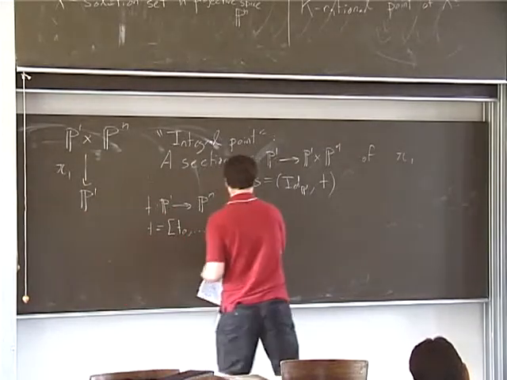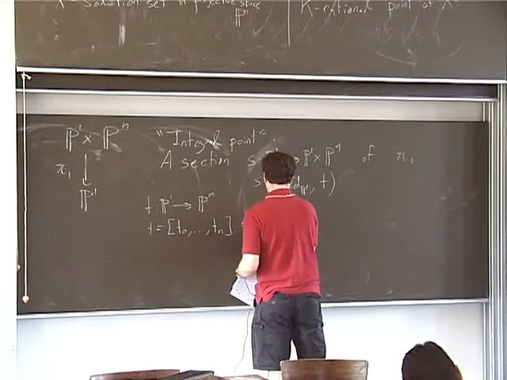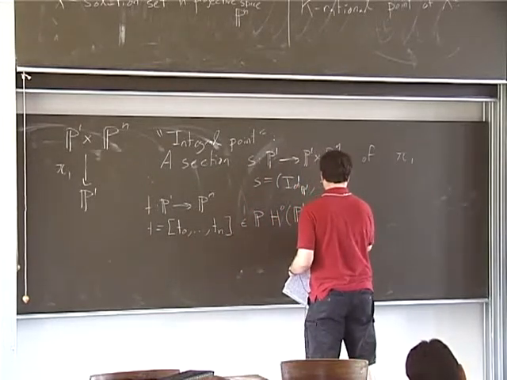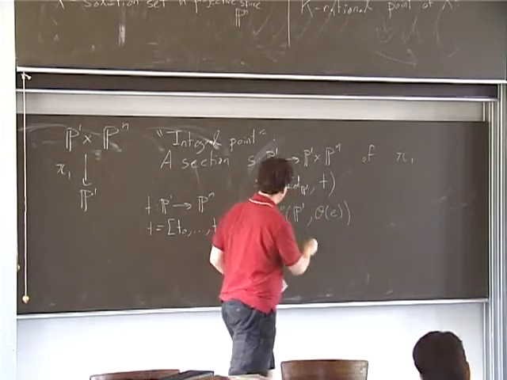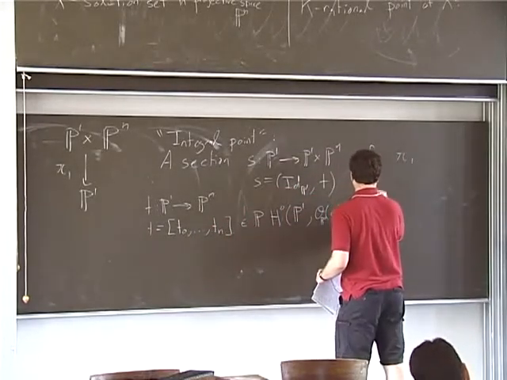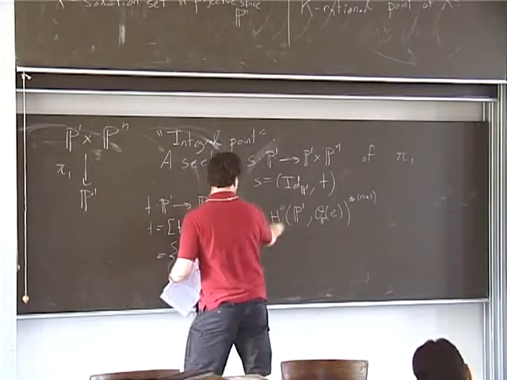So this is an element inside of the projective space, which technically is something like this on P1, direct sum n plus 1 times. But let me just say what this is instead of writing down all this nonsense.